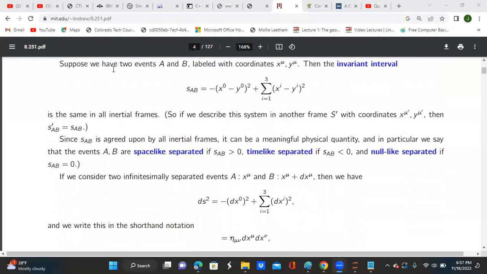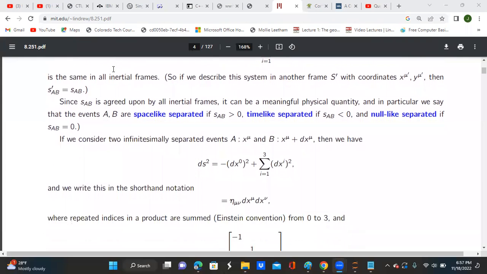So if we describe the system in another frame S' with coordinates x'^μ, y'^μ, then S'_AB equals S_AB. Since S_AB is agreed upon by all inertial frames, it can be a meaningful physical quantity.